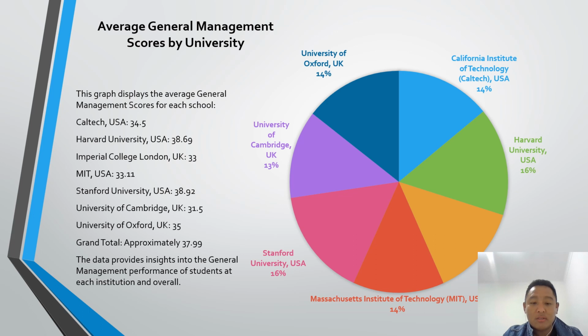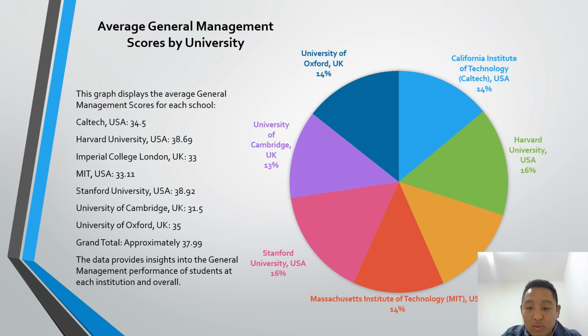Imperial College London, UK has scored 33. Massachusetts Institute of Technology has scored 33.11. Stanford University has scored 38.92. University of Cambridge has scored 31.5. University of Oxford has scored 35. So in grand total, approximately they scored 37.99.